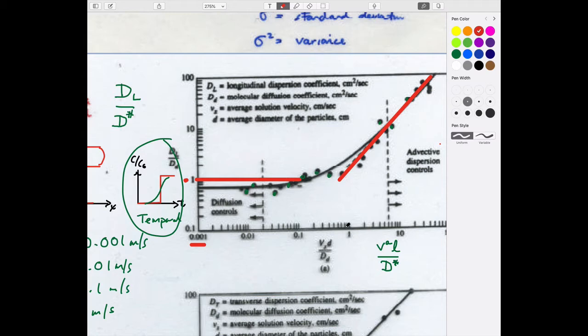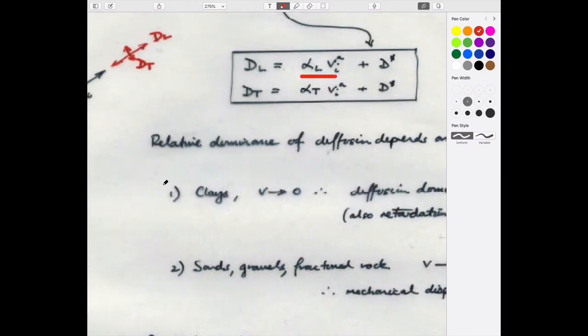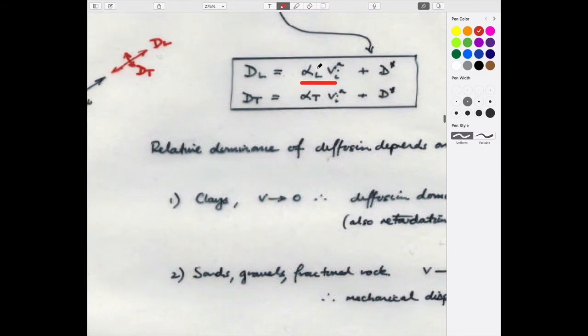And it's basically saying as you take the velocity and you increase it 10 times, then you increase the dispersion 10 times. And so if you look at this relationship here, this is saying exactly this. You increase the velocity 10 times, this is a constant, you increase the effective dispersion amount 10 times. And so that's where this expression comes from.